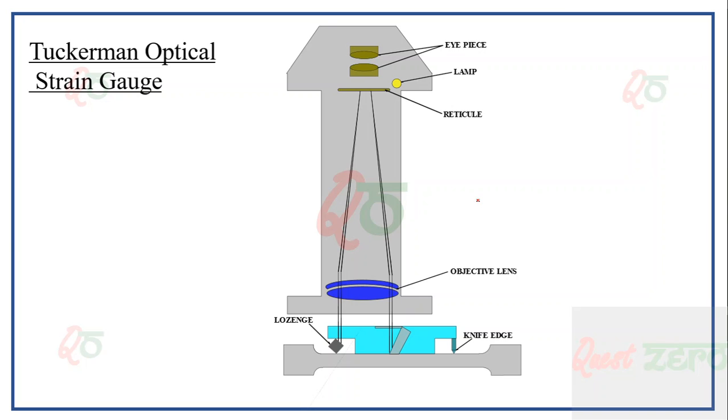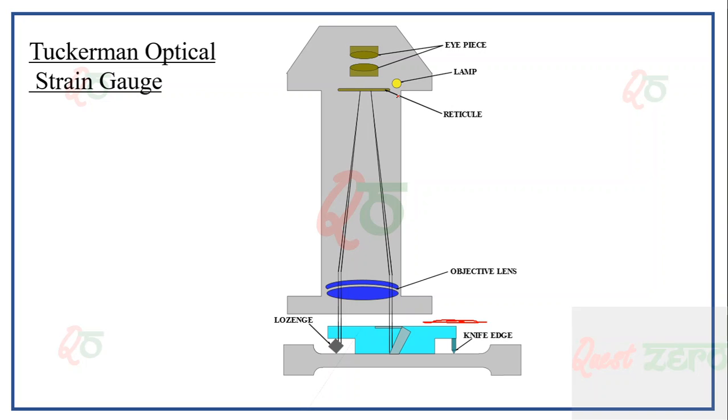The construction of this employs a mechanical strain gauge, just like the Berry extensometer uses, but on top of it you will have an autocollimator. In this autocollimator, there is an eyepiece through which you can observe the light which comes and falls on the reticule.